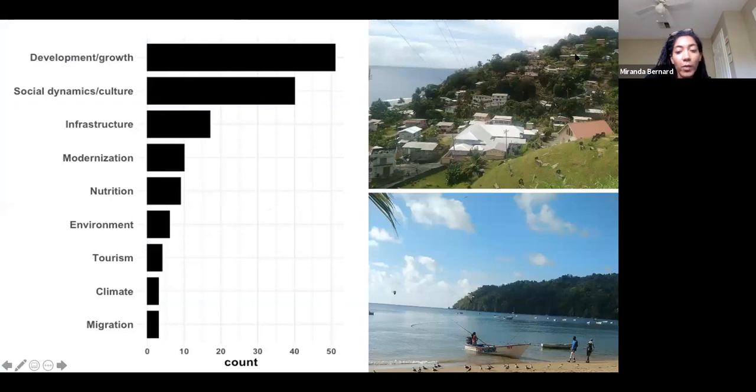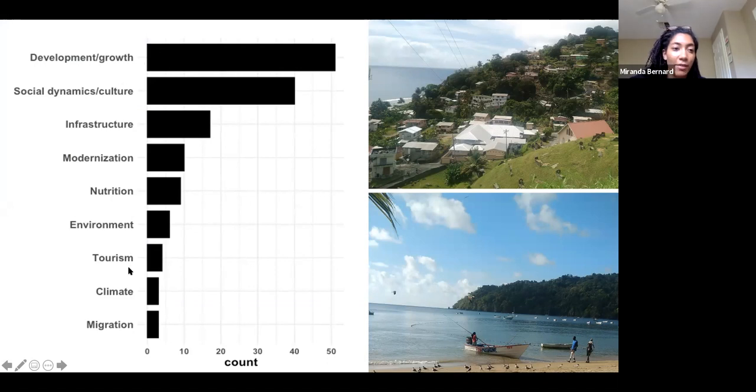So when talking to people about environmental change or changes over time, what we see a lot of is comments on the development and growth. So these are just counts of things people mentioned, binned into these categories on the left side.